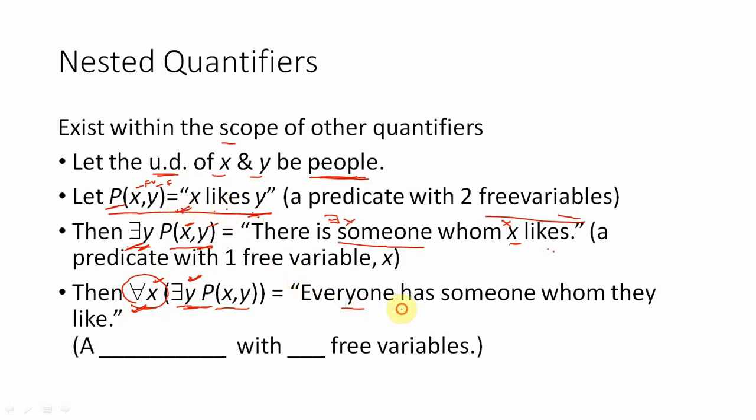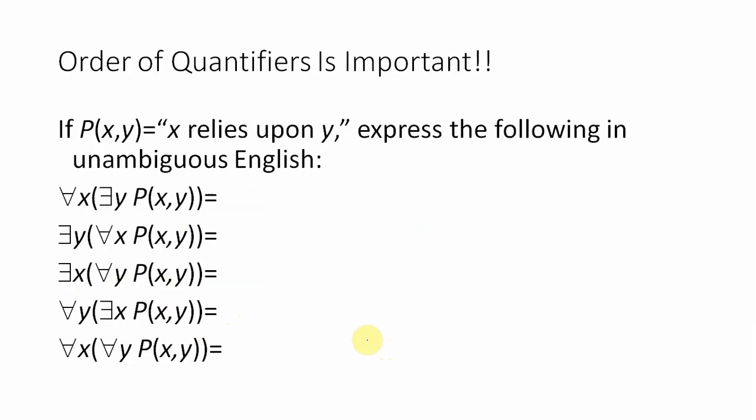This is no longer a predicate, it is now a proposition, because there are no free variables. x is bound by this and y is bound by this. I hope it is clear now.